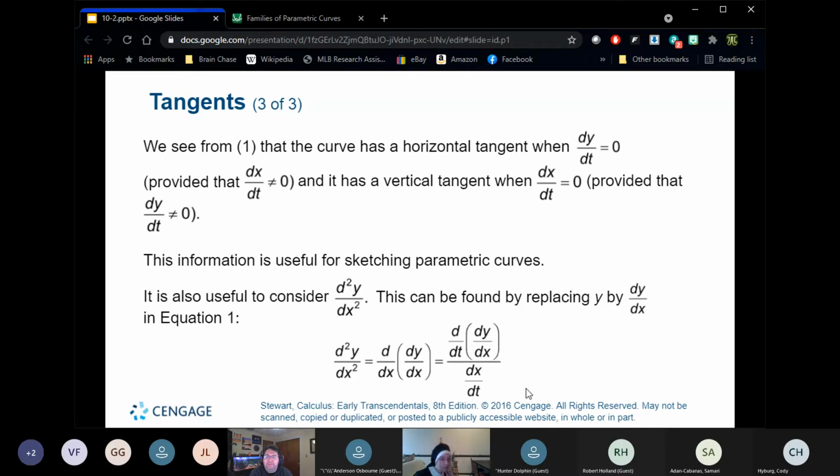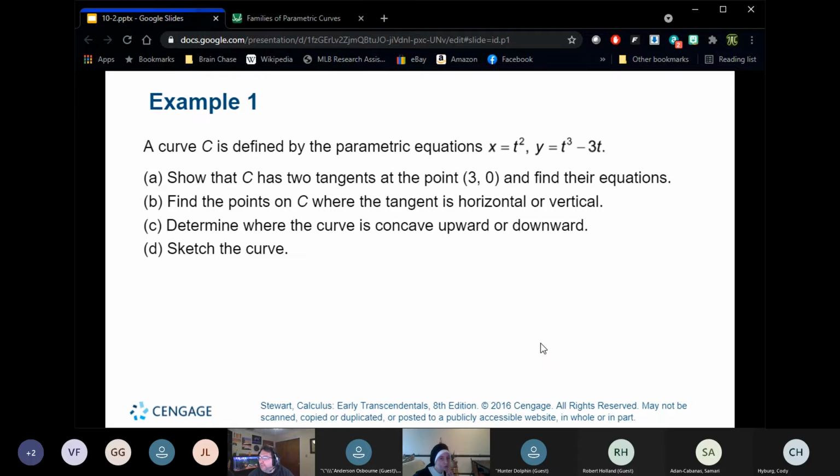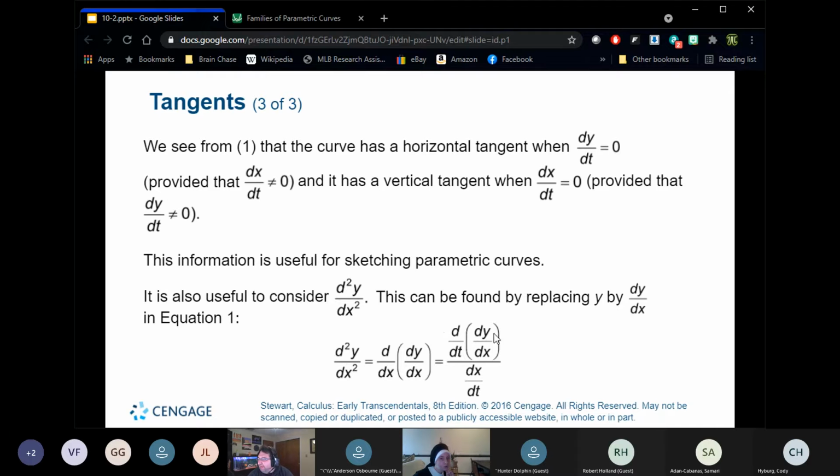So it's not just taking the derivative of the first derivative like you would in terms of the regular y and x equations. We actually have to divide it by the original derivative of the x term as well. So we do have that piece there as well. So that right there is your second derivative equation, d/dt of dy/dx divided by dx/dt.